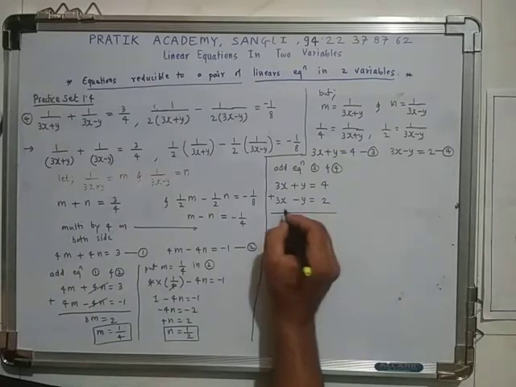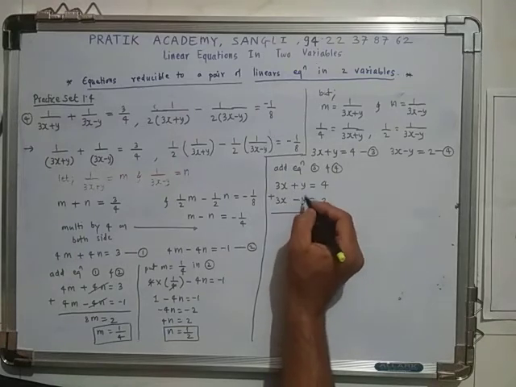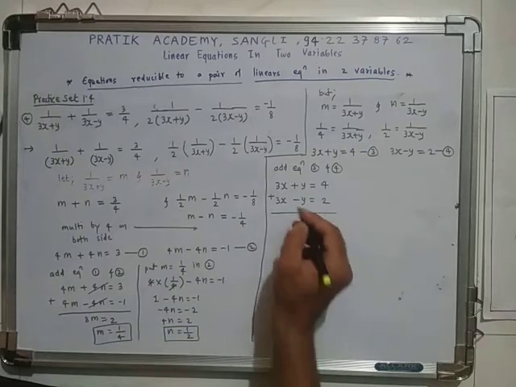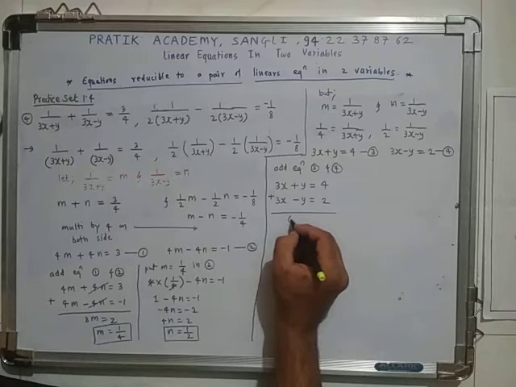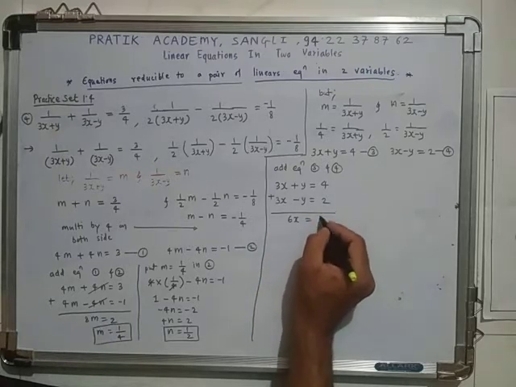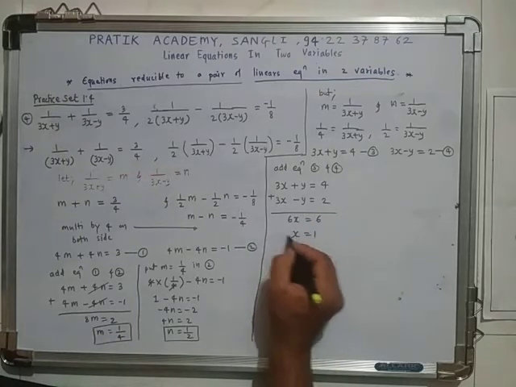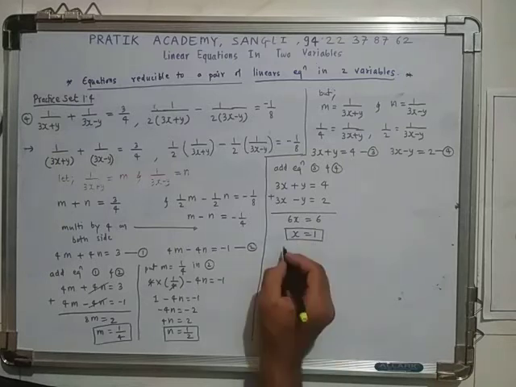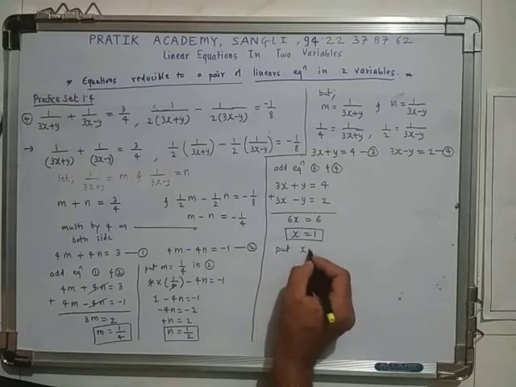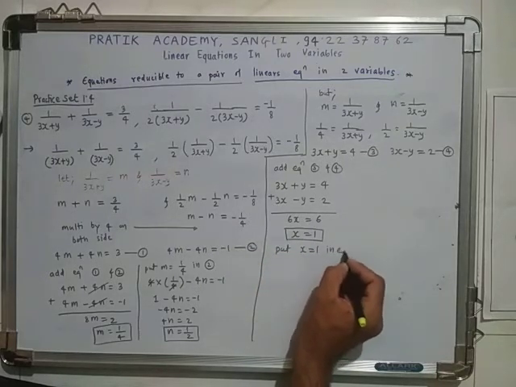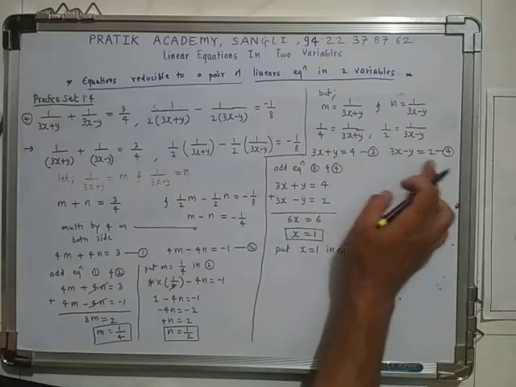We are going with addition, so don't change signs. Plus y and minus y get cancelled. 3x plus 3x, 6x is equal to 6. So x is equal to 1. Then put x is equal to 1 in equation 3 or 4.